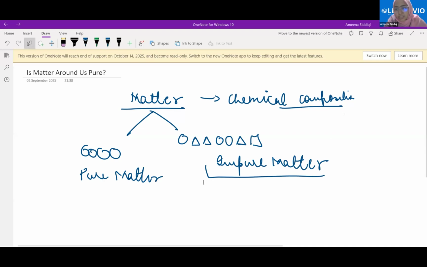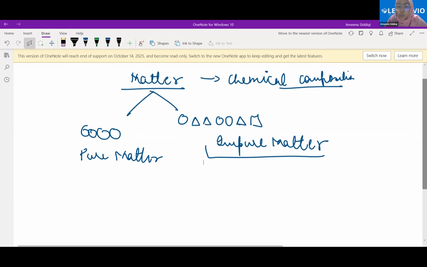What is impure matter called? That is called a mixture. If I'm referring to a mixture, I am saying that the matter has different types of particles in its composition. Is this point clear to both of you?